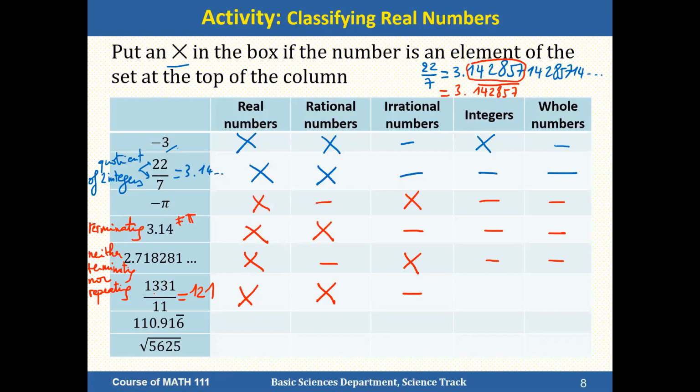So be careful. It looks like a quotient, but in reality, if we compute it, the result is 121. So this number is both an integer and a whole number.